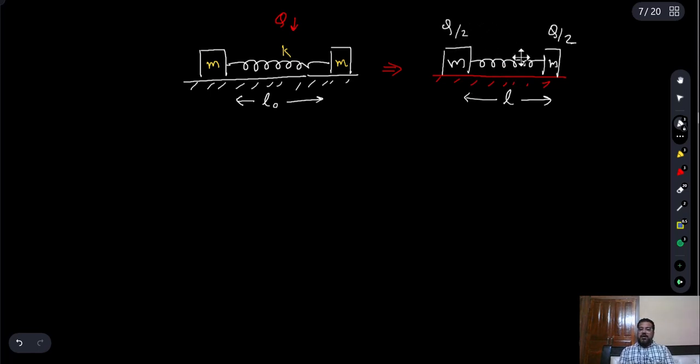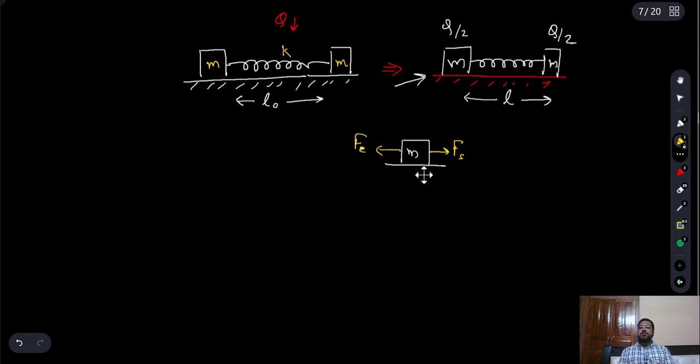Now at equilibrium position, if we draw the FBD of any of the masses, what exactly will be happening? Let's say I'm making the FBD of this left hand side mass. At equilibrium, the spring will be pulling this block towards the right, whereas there will be an electrostatic force of repulsion between them.